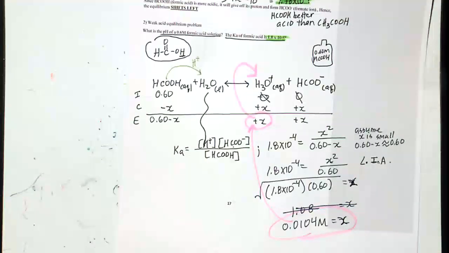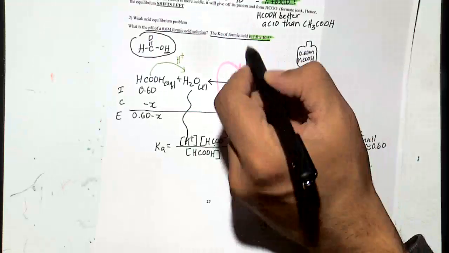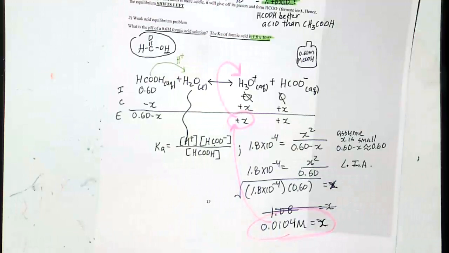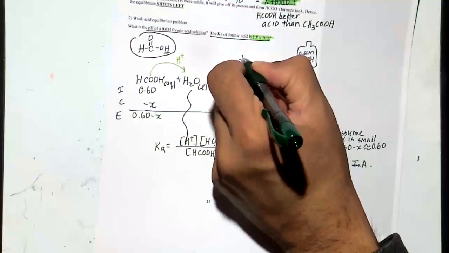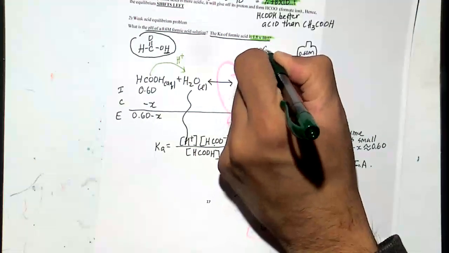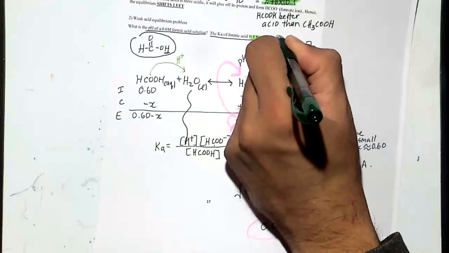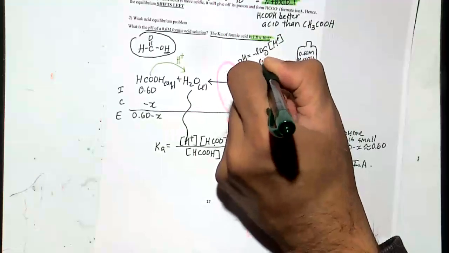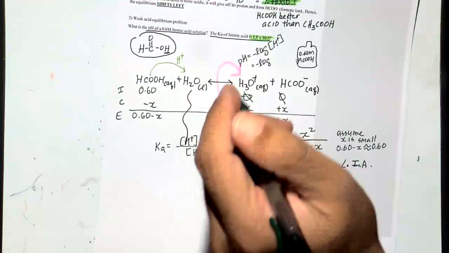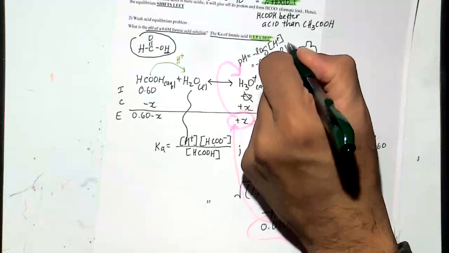So now we can figure out the pH, and the pH is minus the log of the hydrogen ion concentration, 0.0104.